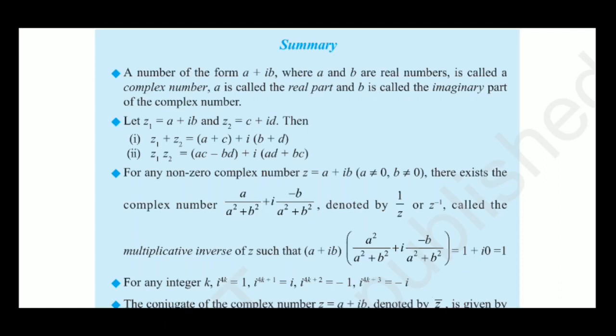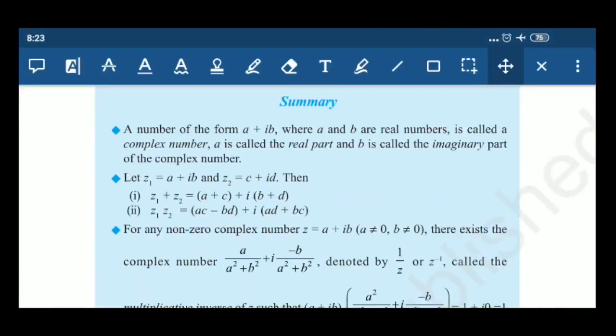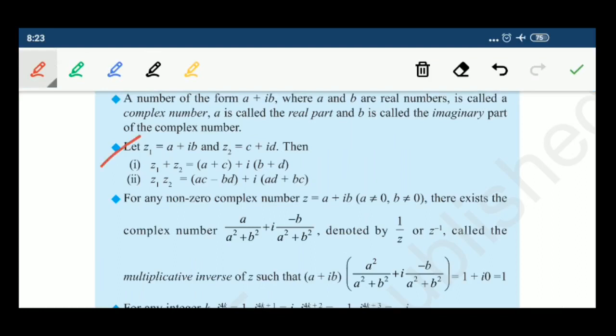And see the second point. Suppose you have two complex numbers z1 and z2, so their sum is equal to this one. You will add the real part to the real part and the imaginary part to the imaginary part. And second, the product of two complex numbers is equal to this one. And this third point is very, very important.